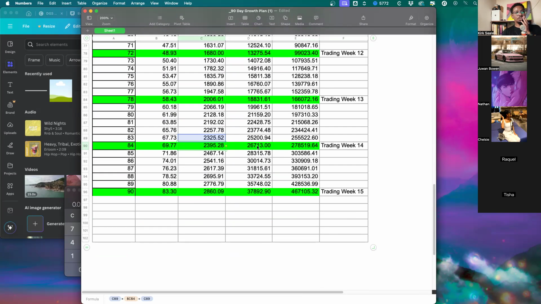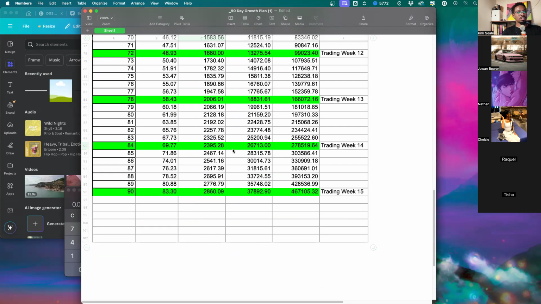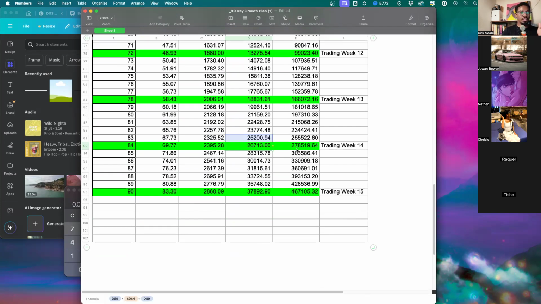If every trade that you took was a 1 to 2 instead of 24, you're looking at 26K. If every single trade was a 1 to 3, then you're looking at $250,000.